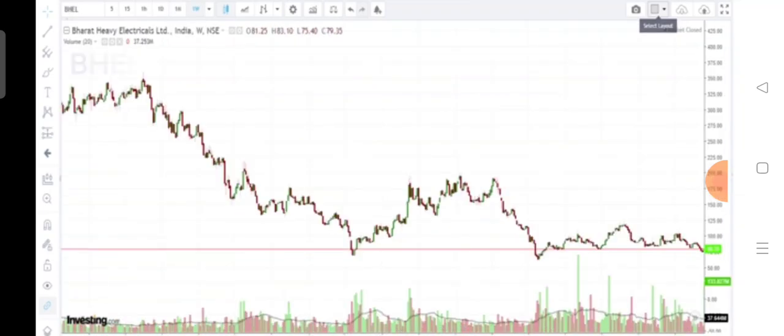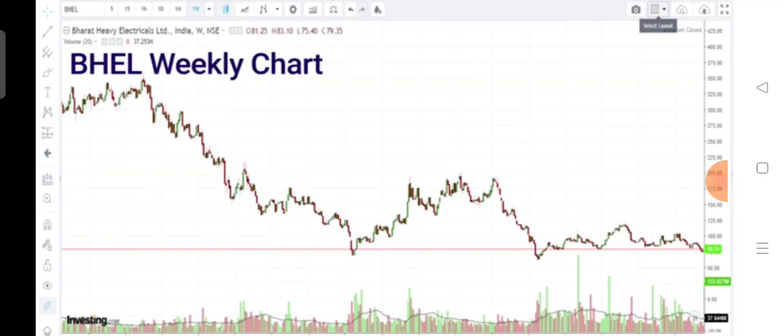Here again, in the weekly chart of BHEL, Bharat Heavy Electricals Limited, earlier there was a downtrend, and then a wedge shape formed. As we can see in the previous ones and in this one also, as we approach the pinnacle of the wedge, towards the end of the wedge, the volume dies down, and as and when there is a breakdown, the volume picks up.